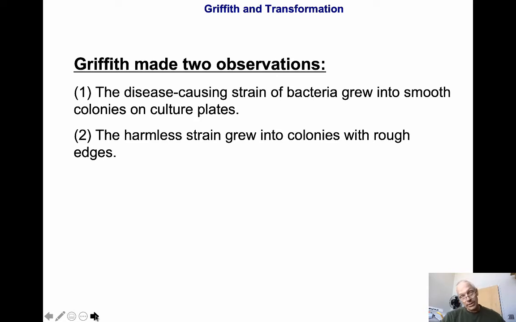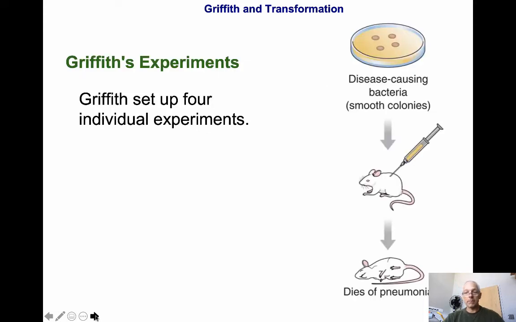And similar bacteria would grow in culture to form colonies on the petri dishes that were rough around the edges. And those ones that had rough boundaries on the colonies were essentially harmless to the mice. The mice could be infected with those bacteria and they wouldn't get sick.